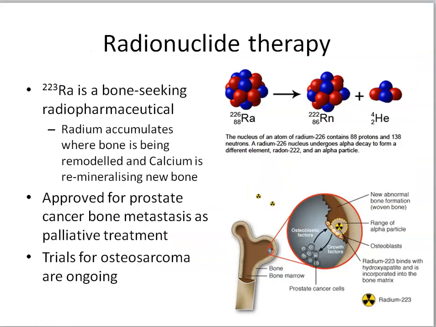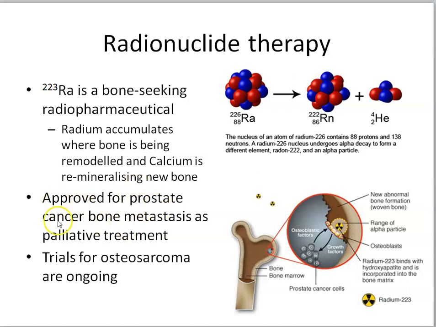So also included in radionuclide therapy is radium. Radium-223 is a bone-seeking radiopharmaceutical. Many different radium isotopes exist that emit by ejection of a helium nucleus. The one that is used therapeutically is 223, which is used because it has a suitable half-life.